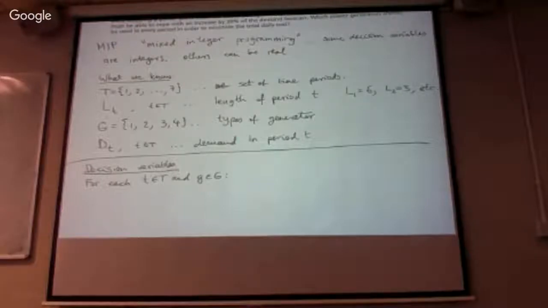I think we could really get away with just 2 for this, but it would be easier to write if we do 3. X, well, X_GT, GT as subscripts: the number of type G generators running in time period T.